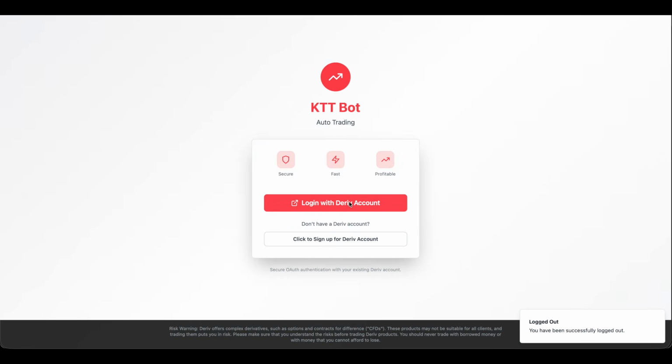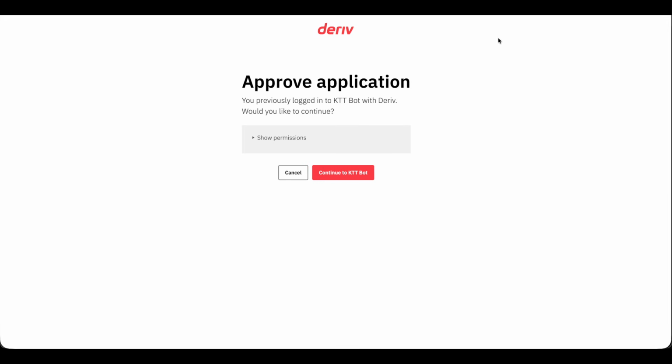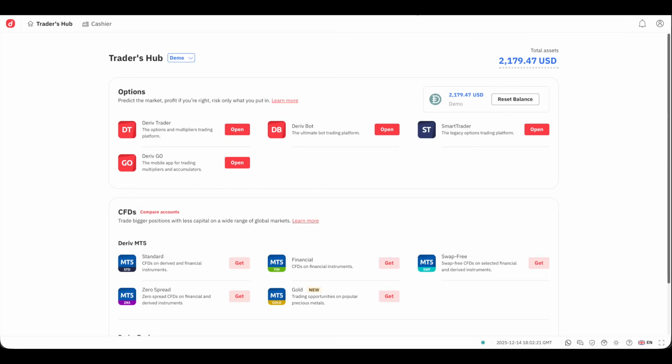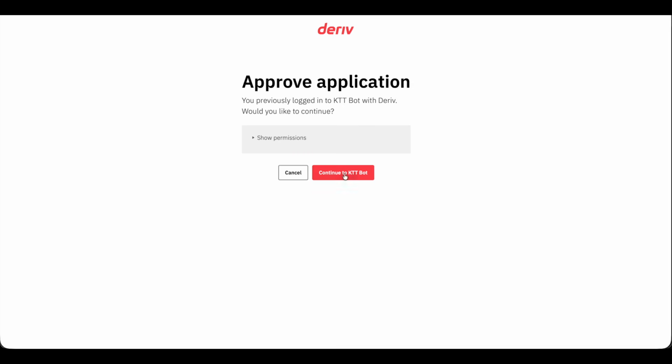You log in, and I'm already logged into my DERIV account, so that's why you see this. But when you're logging in fresh, you'll see username and password. You put in your username and password, and then you continue. Because I'm logged into my normal DERIV bot, I'm just going to log in again. So I'm going to continue, right?